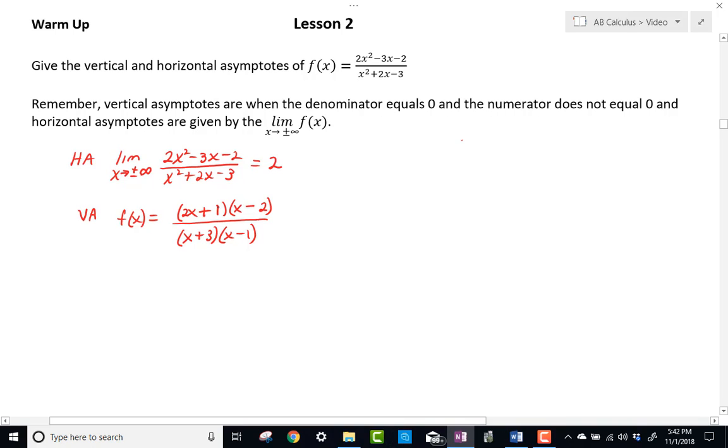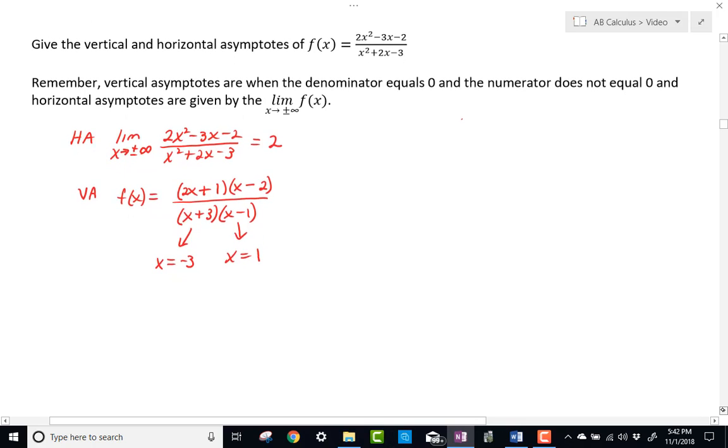The only reason I'm factoring the numerator is to verify that both of these factors give me vertical asymptotes and one of them doesn't give me a hole in my graph. So I want to verify that before I say that I have vertical asymptotes at x equals negative 3 and at x equals positive 1 on this graph.